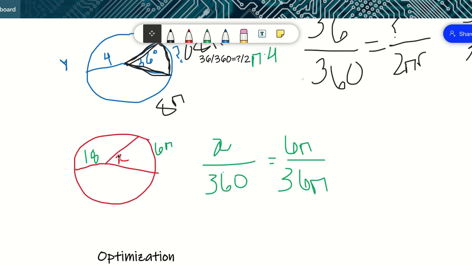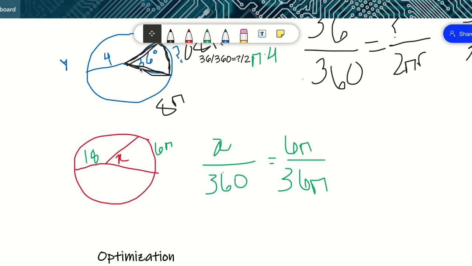Once again, we know that the total degrees in this circle is 360, and we're trying to find the specific degree of the arc. So x, which is the degree of the arc, over 360 is equal to the length of the arc over the total circumference, or the length of the total circle, if that makes more sense.